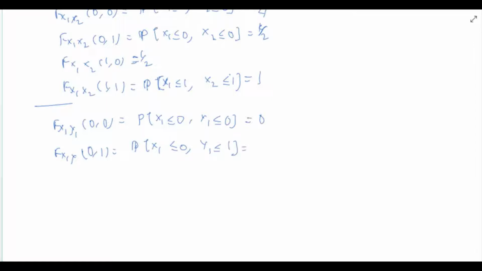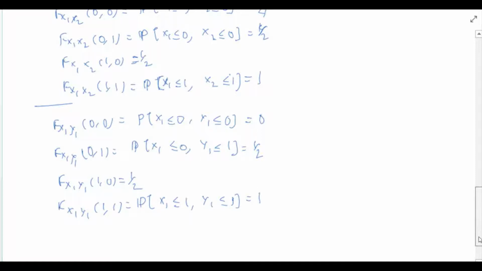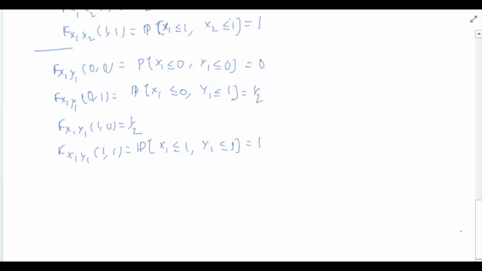Clearly the intersection of these two events will be the event that there is no head in the first toss, and that probability will be half. Similarly, the joint distribution evaluated at (1,0) will also be half. The joint distribution evaluated at (1,1) will be the probability that there are 0 or 1 heads in the first toss and there are 0 or 1 tails in the first toss. Clearly the probability of this event will be 1. So this is how we can evaluate joint distributions. Next we will move to marginal distributions.